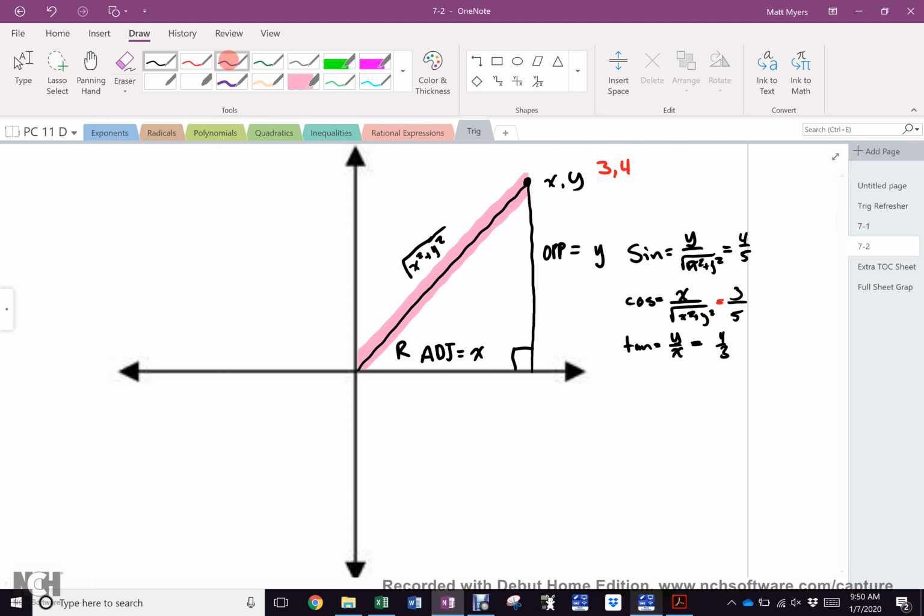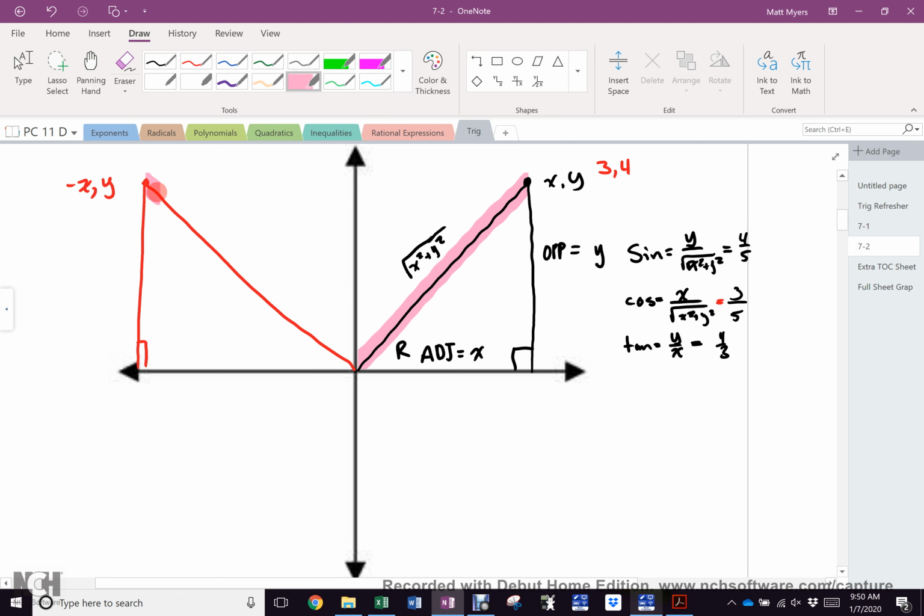All right. We're going to come over here to this quadrant. We are going to put our x, y at the same spot, except, what's it going to be? Negative x and positive y. Does anything else change? I connect it. I make my right triangle.